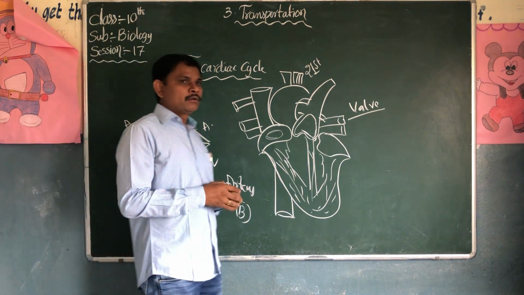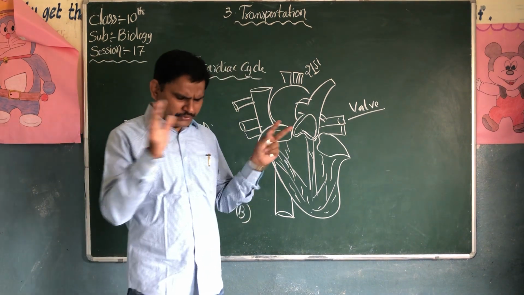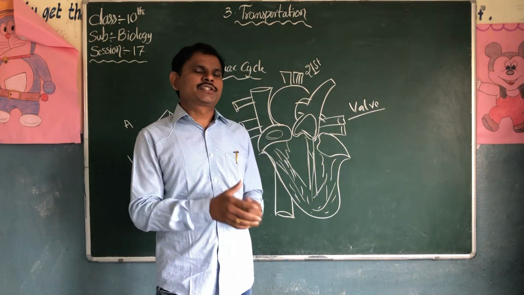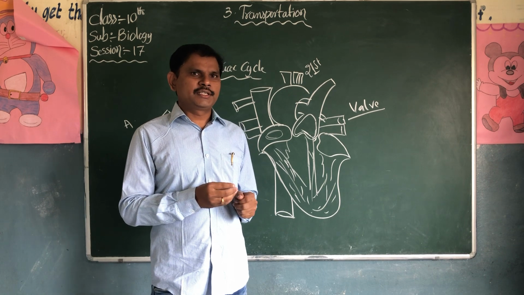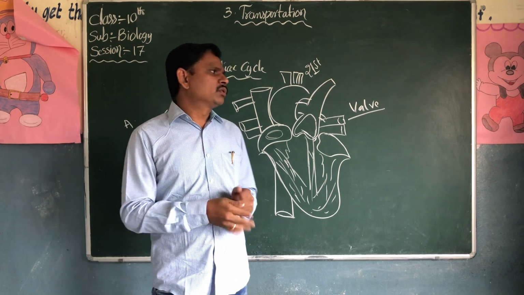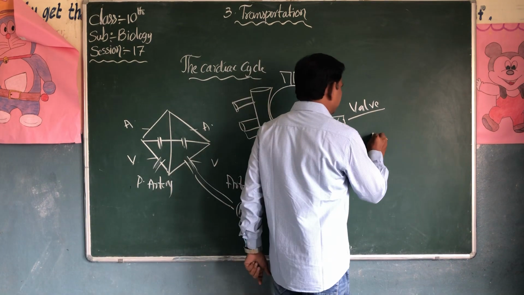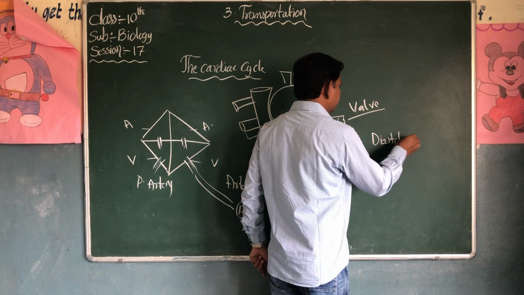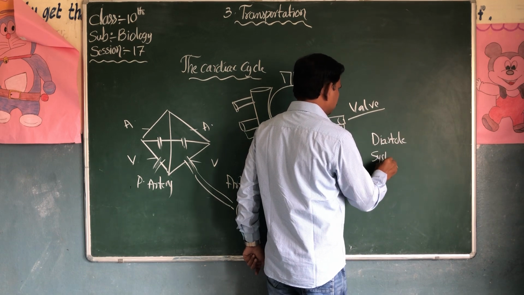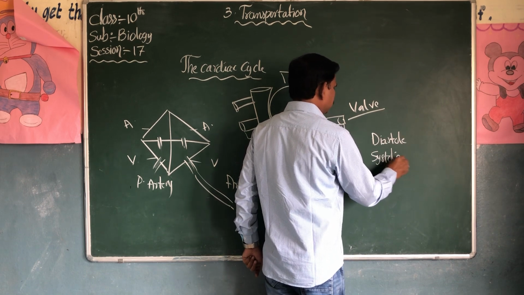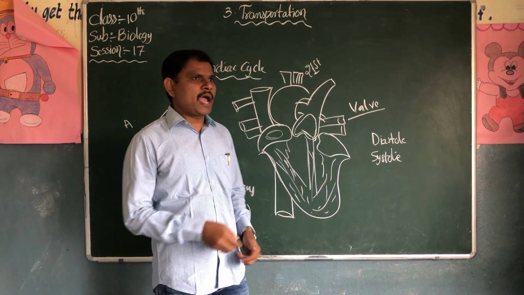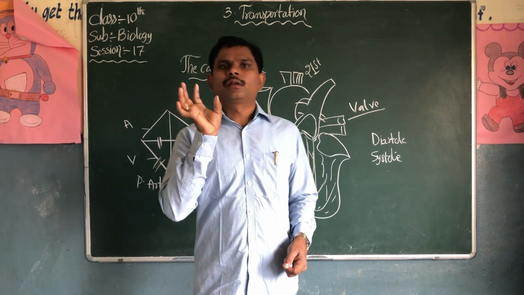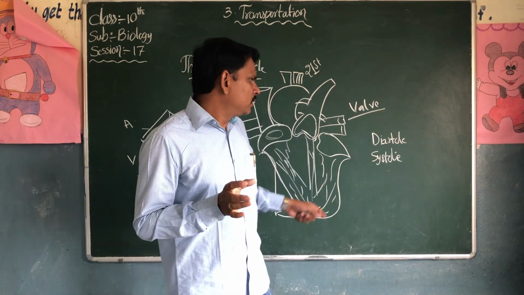So now we have to imagine these 4 chambers are in the relaxation state. Relaxation state is nothing but diastole. We will talk here about what is diastole and what is systole. Diastole is the relaxation phase.